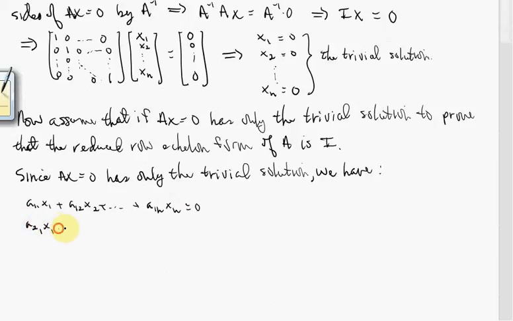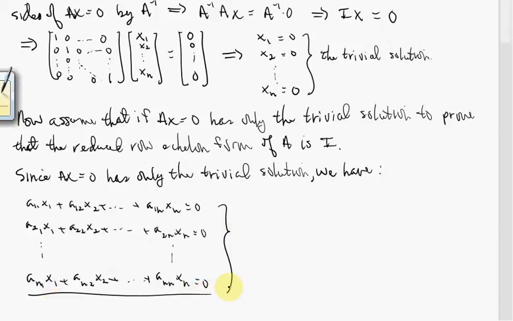A21 times x sub 1 plus A22 times x sub 2 plus and so on plus A2n times x sub n is equal to 0, and so on. So this is a square matrix, so this is an1 times x sub 1 plus an2 times x sub 2 plus and so on plus ann times x sub n is equal to 0.